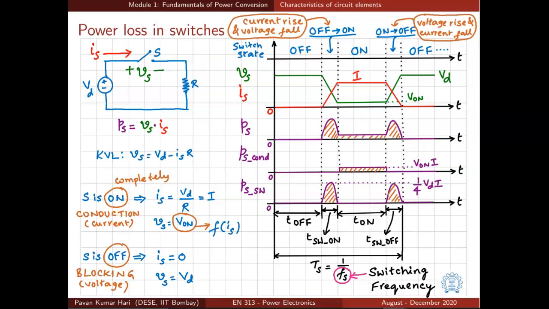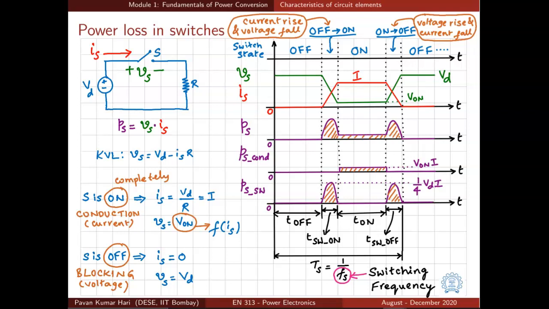Let us take a switching pattern for this particular switch. Let's say the switch is off to start with, and then it is turned on at a certain instant. Ideally the switch would have turned on instantaneously, but in reality it will take some time to turn on.